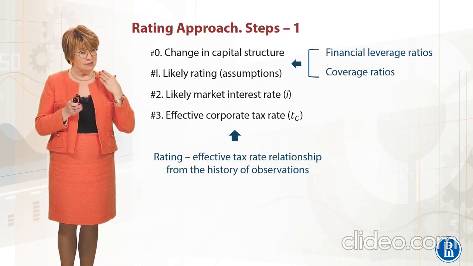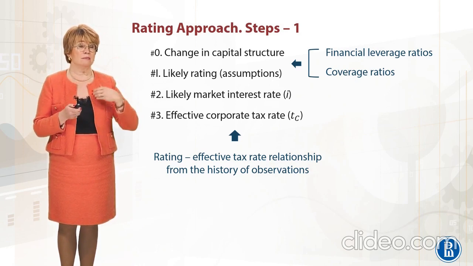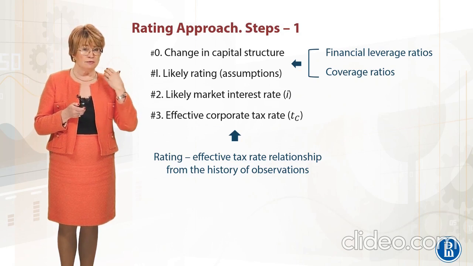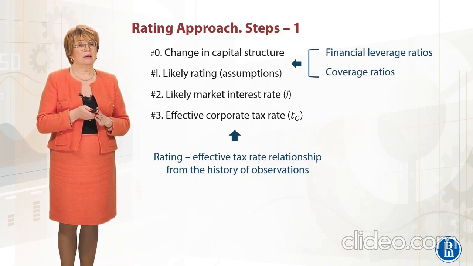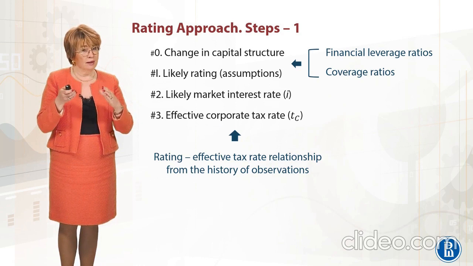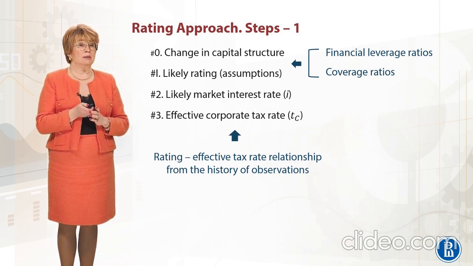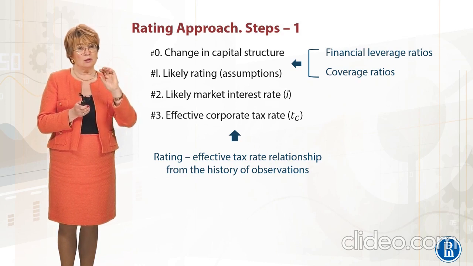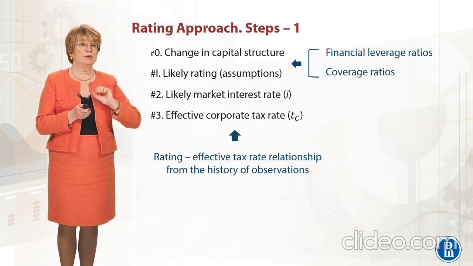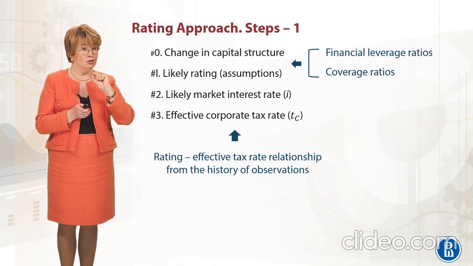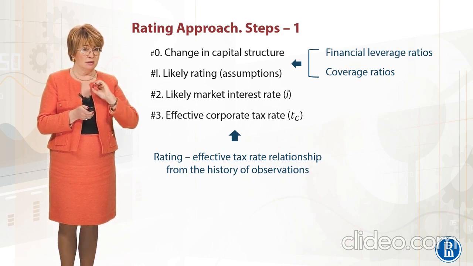Remember, I already started the whole class saying this is the measure of the professional success of any top management team of any company in any industry. So this is very important, to understand which particular minimum level of weighted average cost of capital you can get when changing your capital structure.